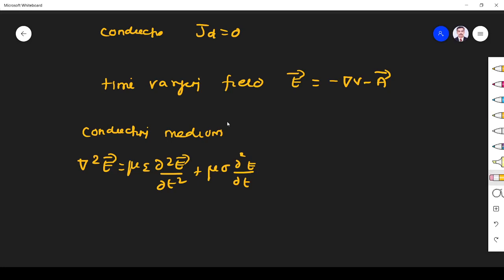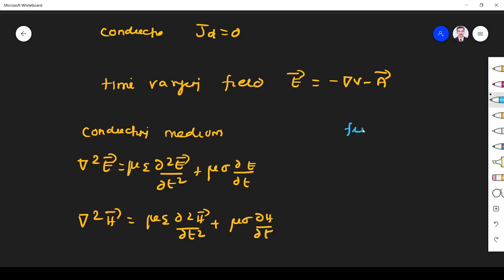Right? So this is what this one. Next, for magnetic field, wave equation is del squared H equals mu epsilon dou squared H by dou t squared plus mu sigma dou H by dou t.